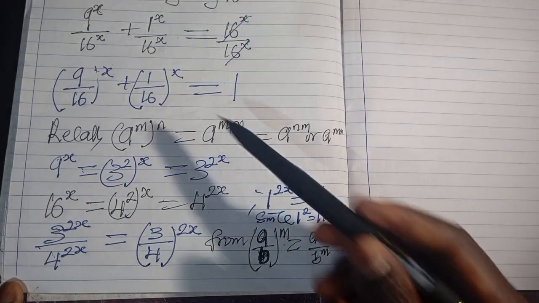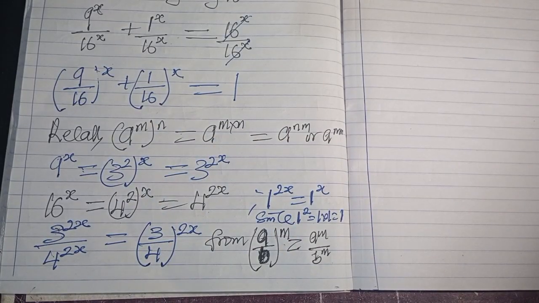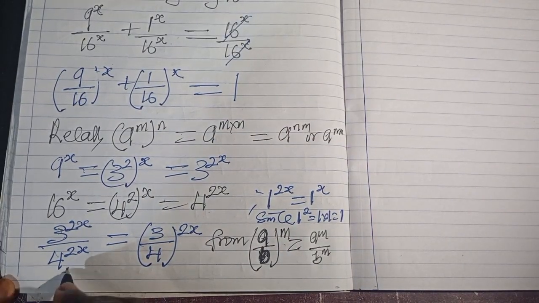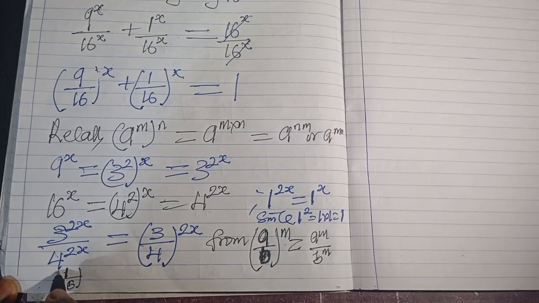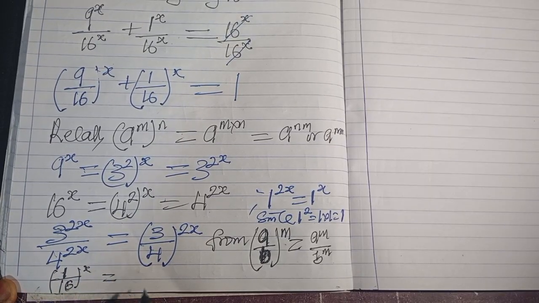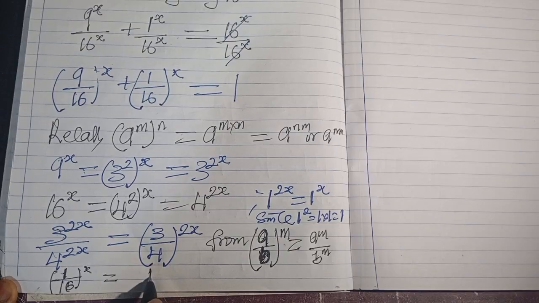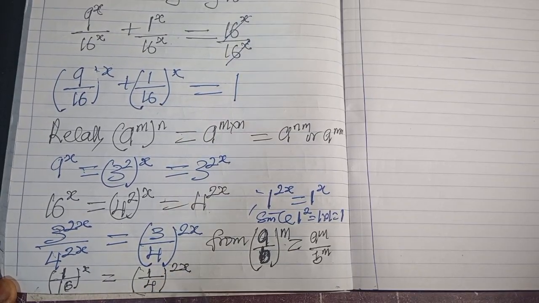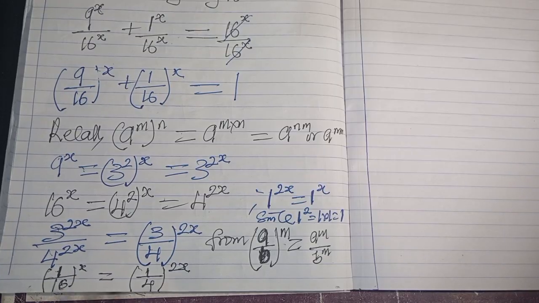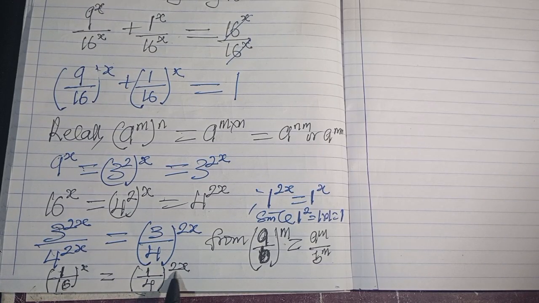So we are going to express 1/16 in this form also. Then (1/16)^x can also be written as (1/4)^(2x). Now let's add (3/4)^(2x) plus (1/4)^(2x) is equal to 1.